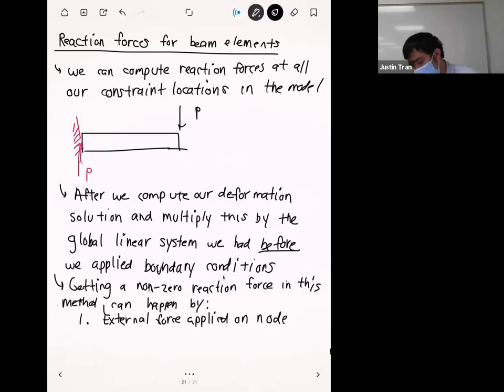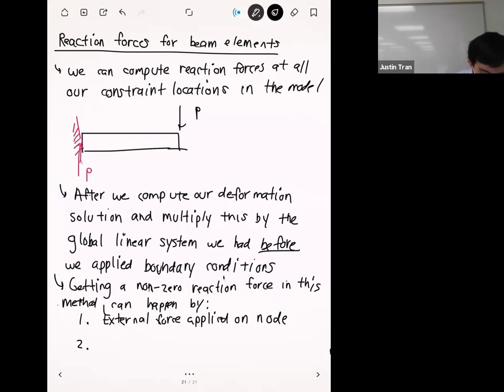And so if we take node 2 from our previous example, right? So node 2 had a vertical force applied to it, and it had an external moment applied to it as well. Okay. And so if you computed the reaction forces for that node, then you should get exactly that external force and that external moment.